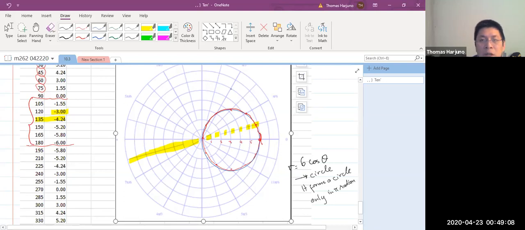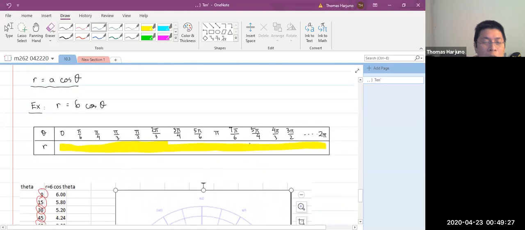Okay, that's a circle with radius 3, centered at 3, 0. Now the question is, however, how can you come up with that from the equation?